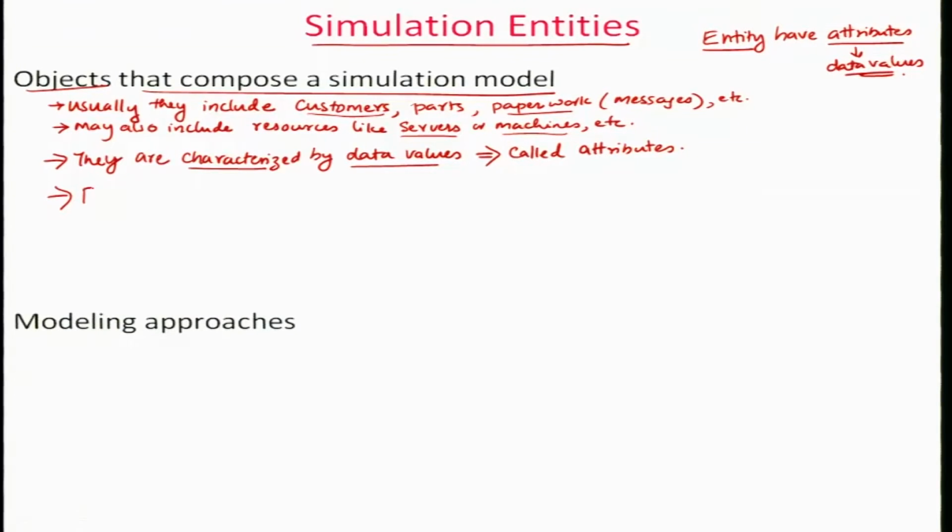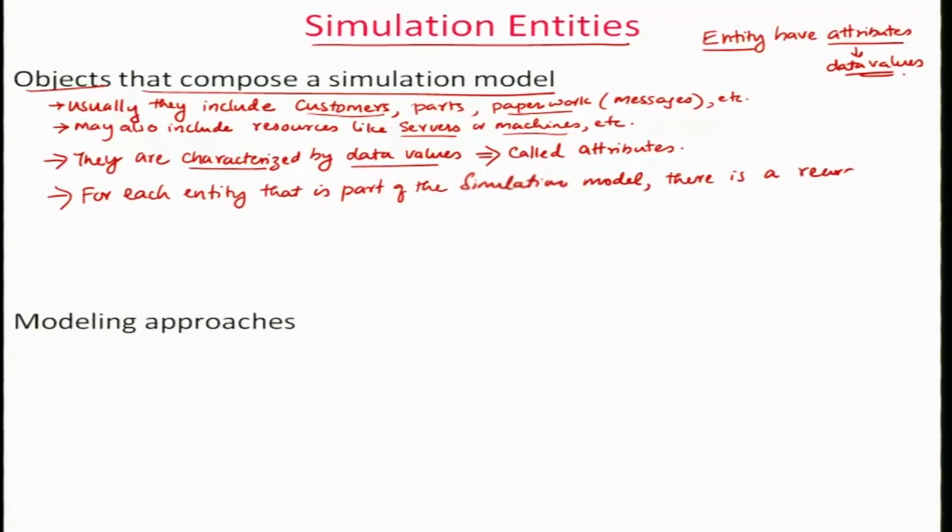So, for each entity that is part of the simulation model, there is a record or a row in the list. Okay.